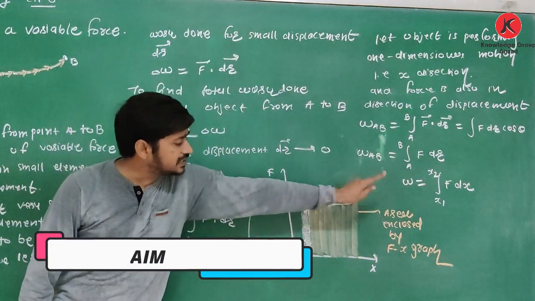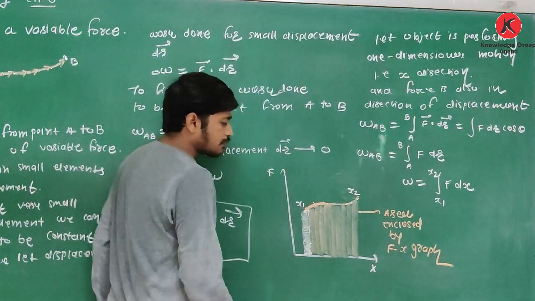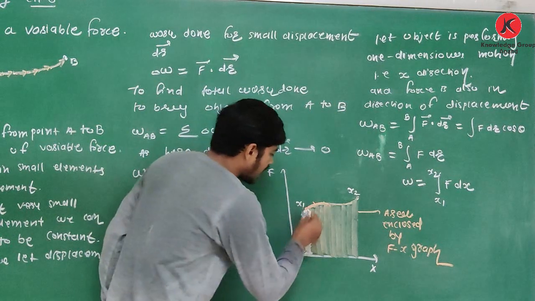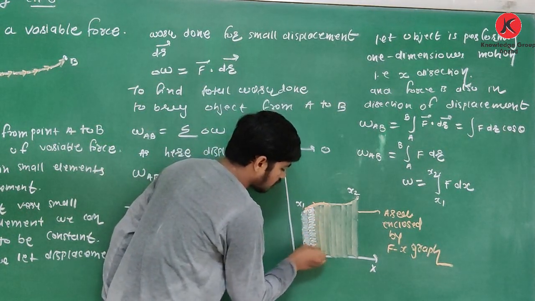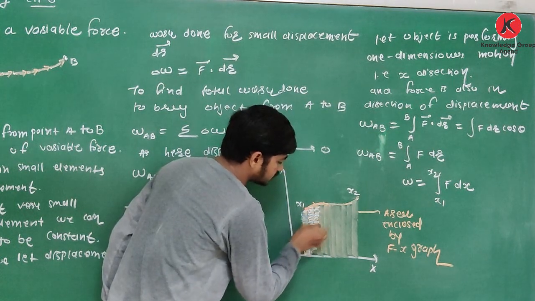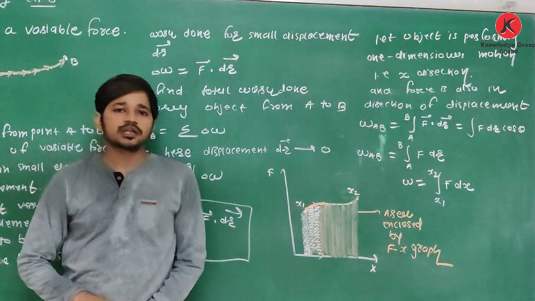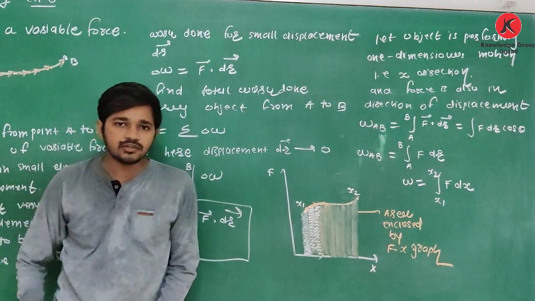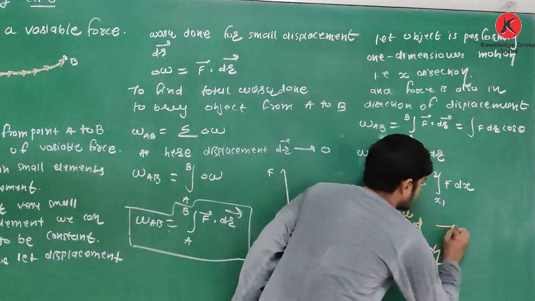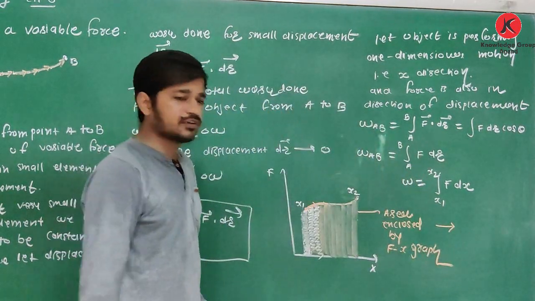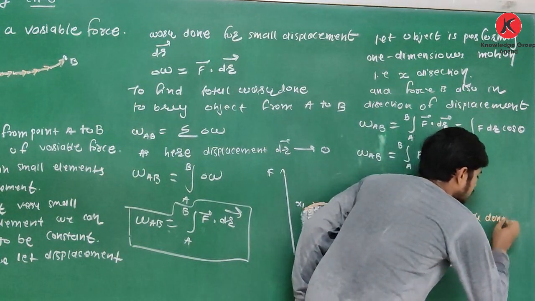What is the integration from x1 to x2 of F dx? Between x1 and x2, it is the addition of all such areas. It is called work done. So yes, the area enclosed by the F-x graph gives work done.